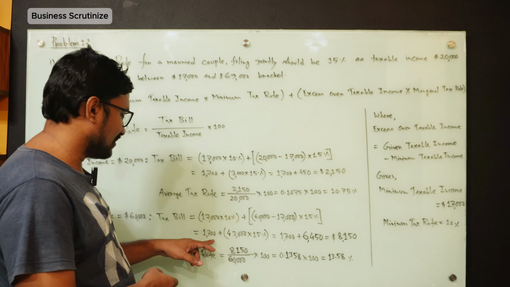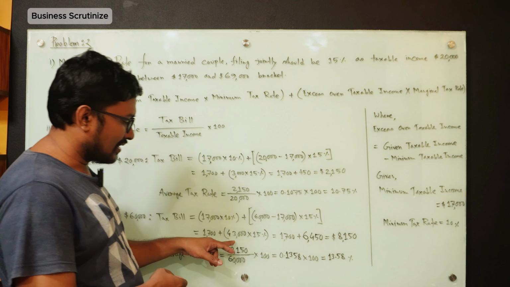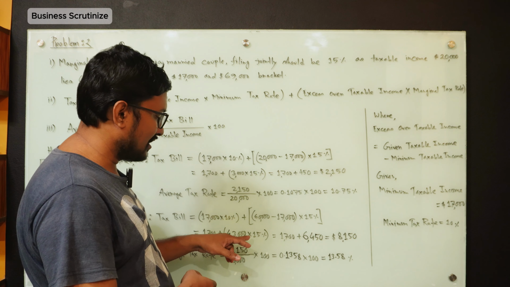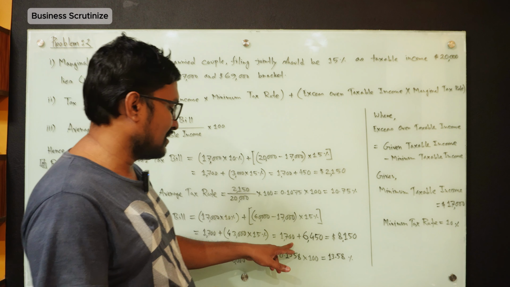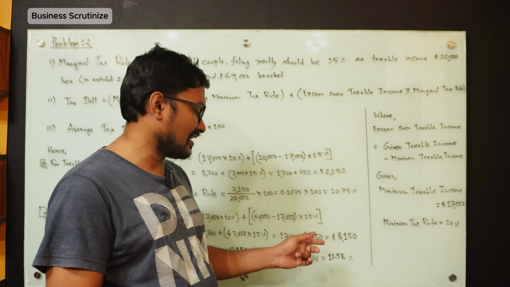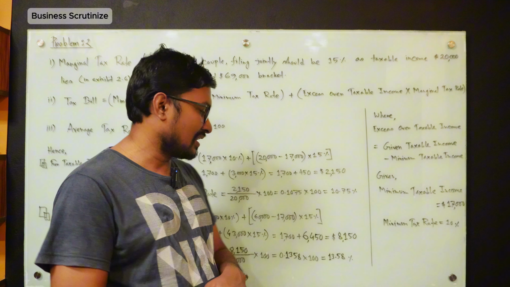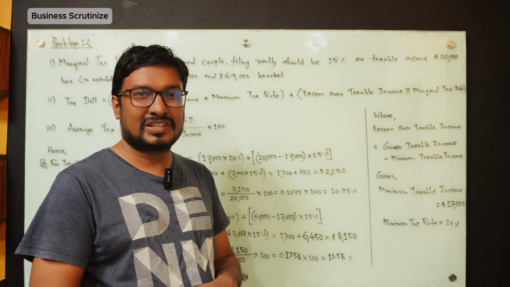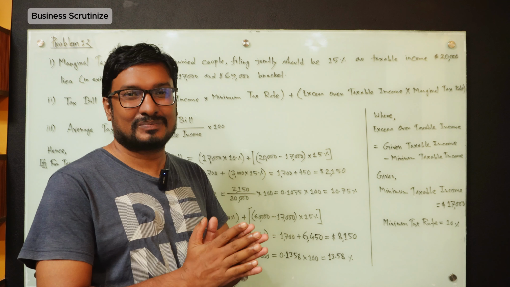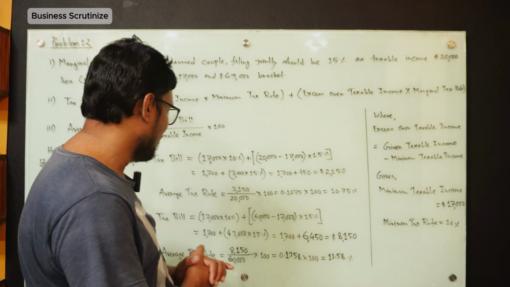If we compute, 1,700 plus 43,000 times 15%, so 1,700 plus 6,450, and after summation it is 8,150. This amount is the tax bill.